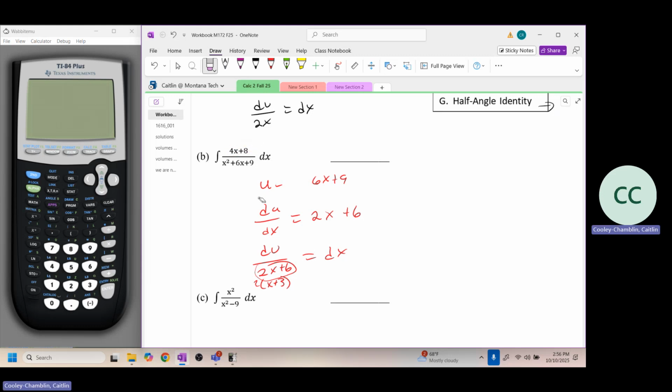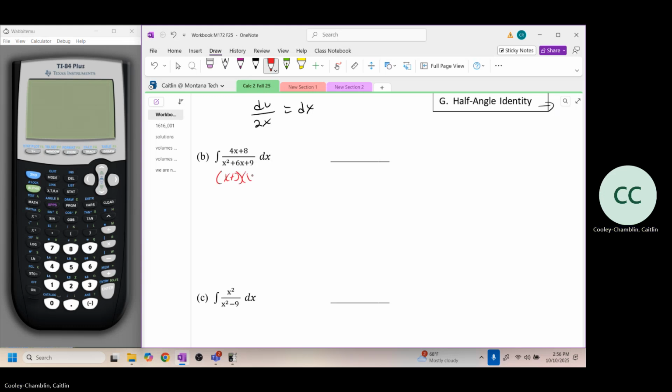Well, when U substitution does not work, that means we are going to use partial fractions. So if I factor this, it's x plus 3, x plus 3. So I get 4x plus 8 over x plus 3 squared.